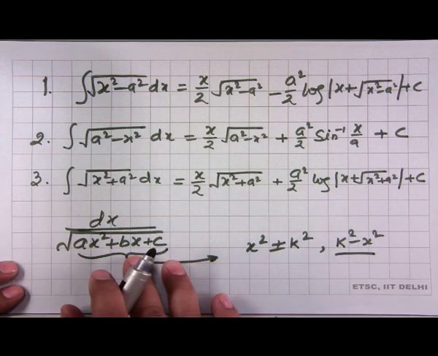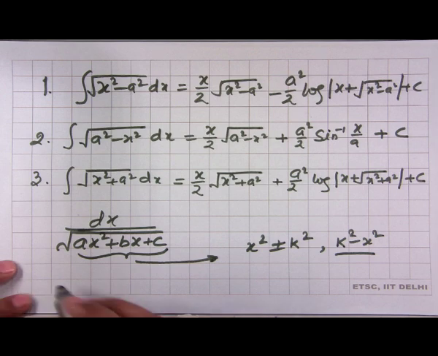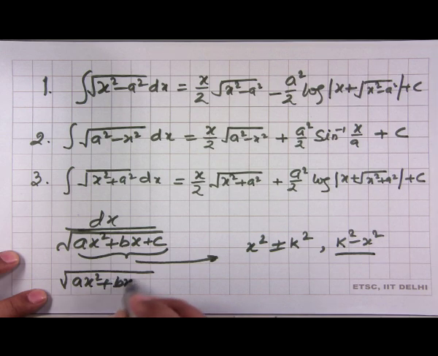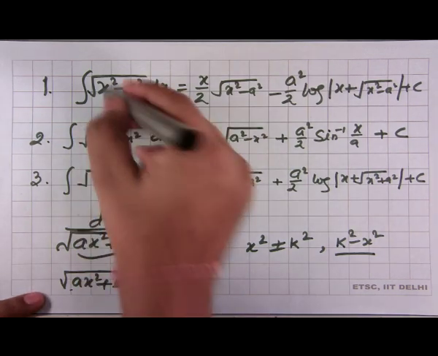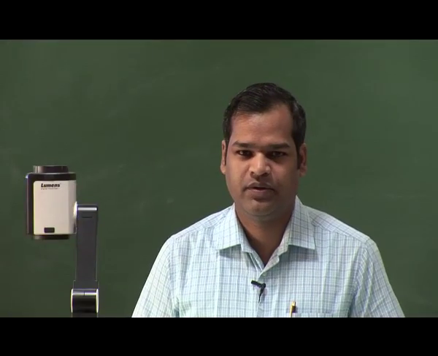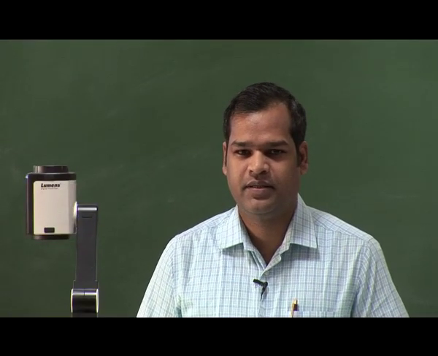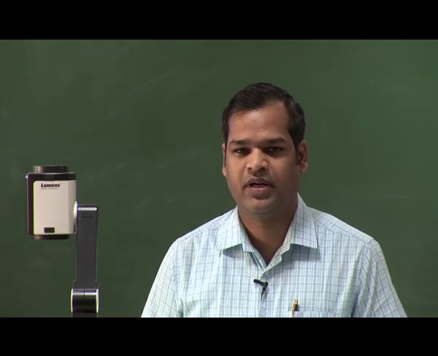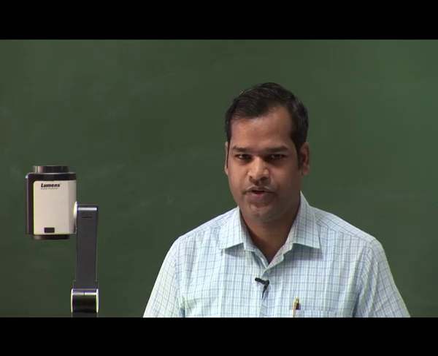So, similarly here if we are given a function which is integration of square root of ax square plus bx plus c, we can try to convert them into one of these three forms, and then we can evaluate these integrals. So, these three important formulas can be helpful for solving the integrals as I showed you.